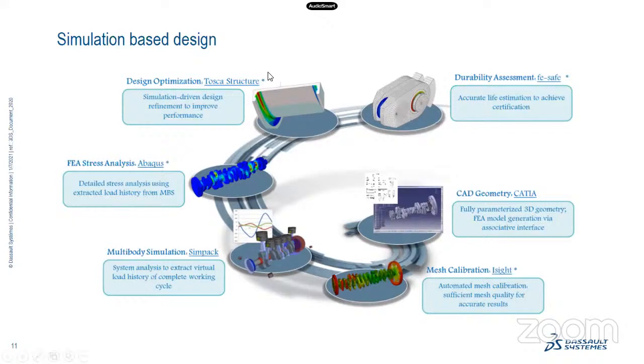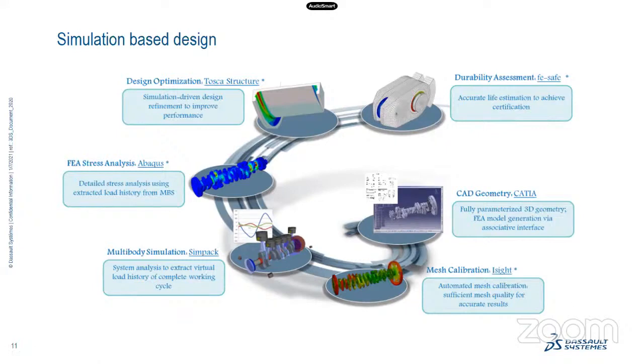Based on these results, we will do the non-parametric optimization. For example, can we reduce the weight or some of the material? Is it possible? That can be done in Tosca optimization. After that, with this optimized structure, what about the durability? We have FE-SAFE for that, and finally we get the durability or life.